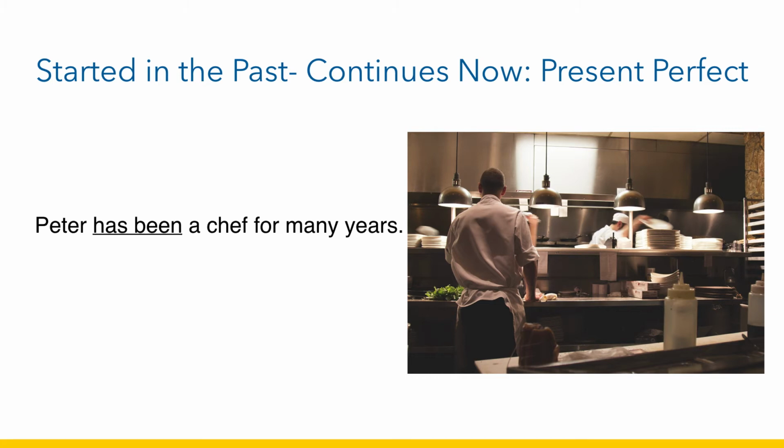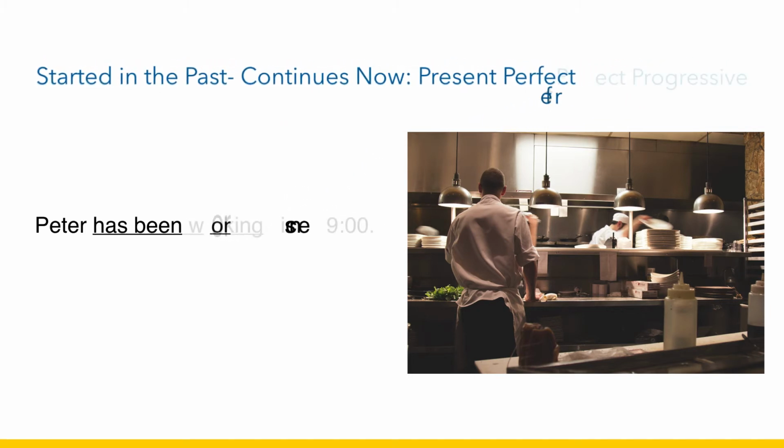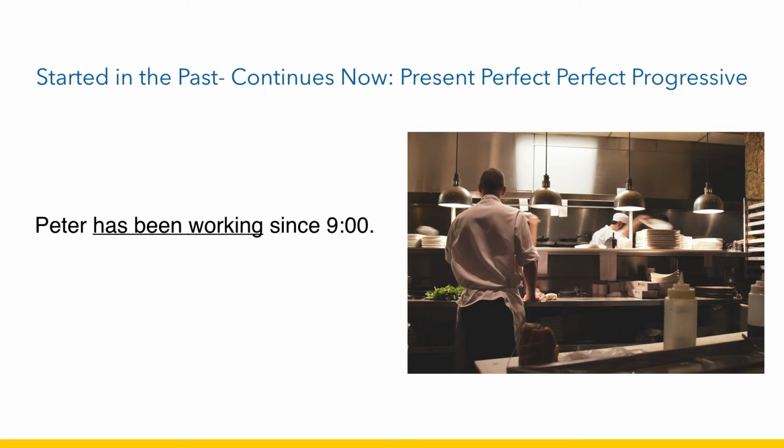But for all action verbs, we want to use the present perfect progressive when we talk about situations that started in the past and continue now. For example, Peter has been working since 9 o'clock.